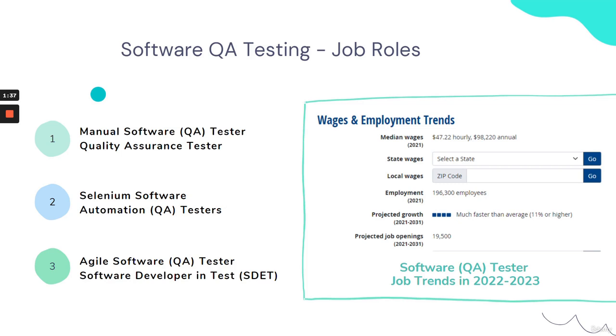There are a lot of factors that are important when looking for a job opportunity in this field, and at the moment, it's growing much faster than average. Between the year 2021 and 2031, there are expected to be more than 19,000 software QA testing positions available in the market.